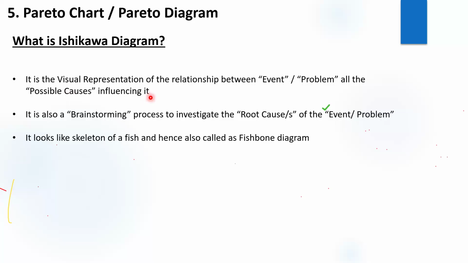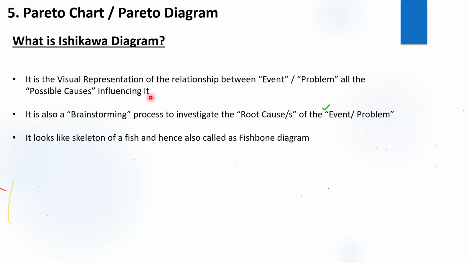I am once again repeating. Ishikawa diagram is a visual representation of what? Relationship. Of what? Event or called problem. Relationship between problem and possible causes. And Ishikawa diagram explains that relationship visually. So what is Ishikawa diagram?